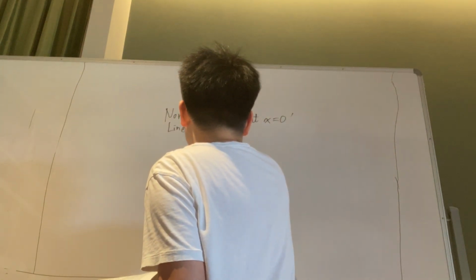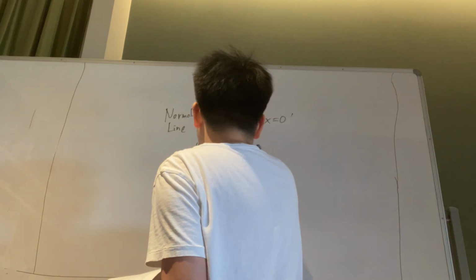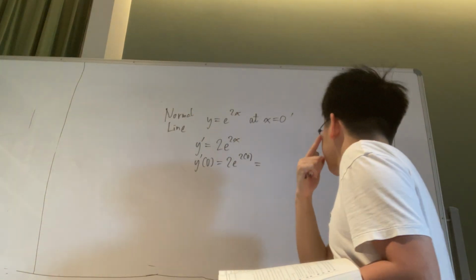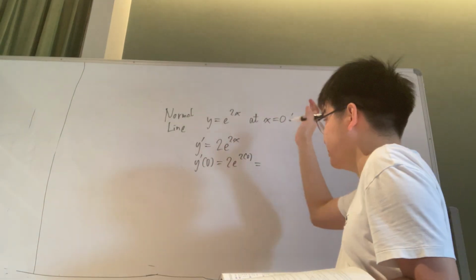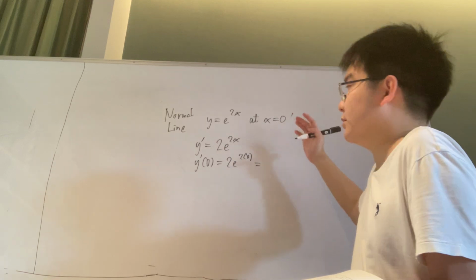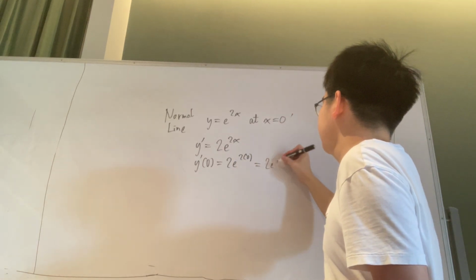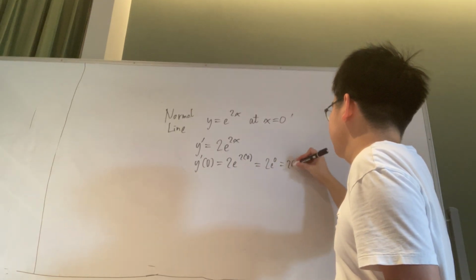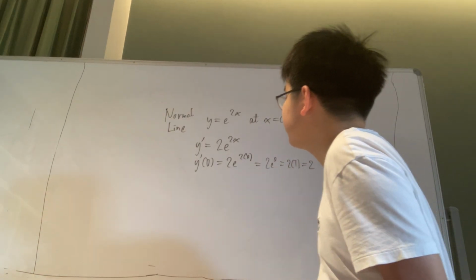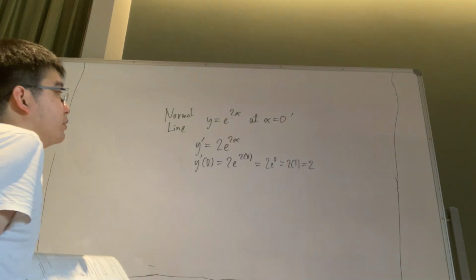Plug in 0: 2e to the 2 times 0. 2 times 0 is 0, and any base to the power of 0 is 1. So 2 times 1 equals 2. And now we need the point.